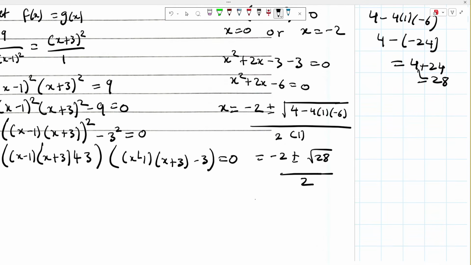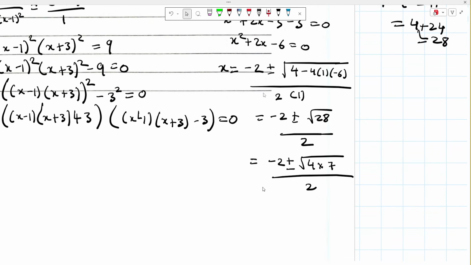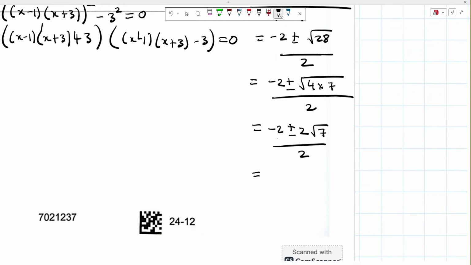Now root 28, we can actually simplify that a little bit more, right? Root 28 is actually the same as root of 4 times 7. And then divide all that by 2, right? So square root of 4 is obviously 2. So we get this. And then we can divide everything by 2. We get -1 plus or minus root 7.